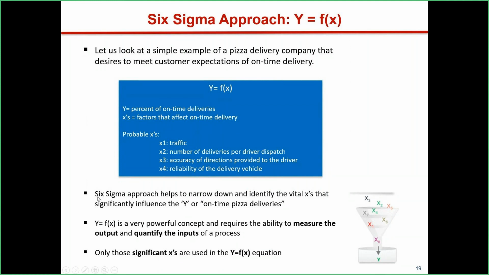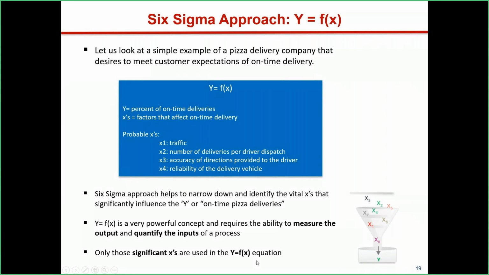Now, the Six Sigma approach helps to narrow down and identify the vital X's that significantly influence the Y, or the on-time pizza deliveries. Y equal to function of X is a very powerful concept and requires the ability to measure the output and quantify the inputs of a process. So only those significant x's are used in the y equal to function of x equation.